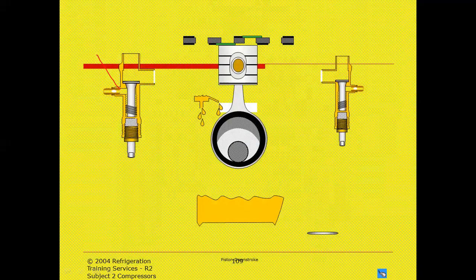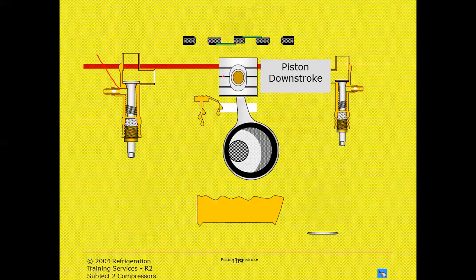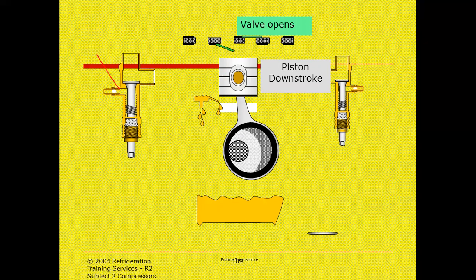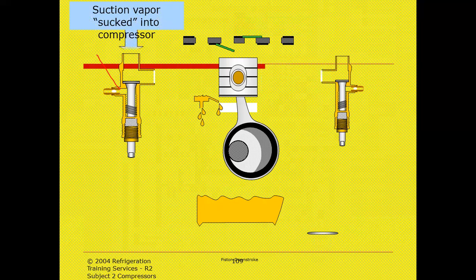See how the vapor refrigerant is falling in the piston. See how the crankshaft is moving up and down. Now see the valve opens at the top of the piston. Now what will the compressor do?